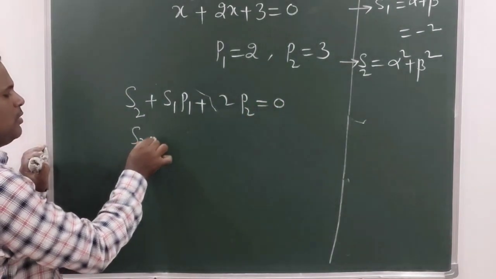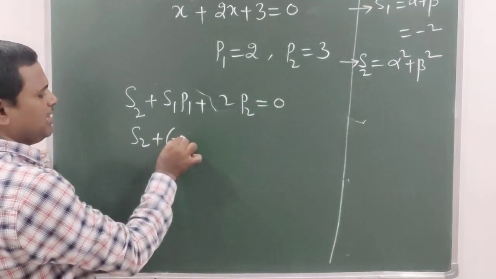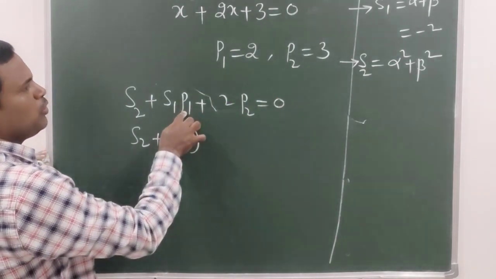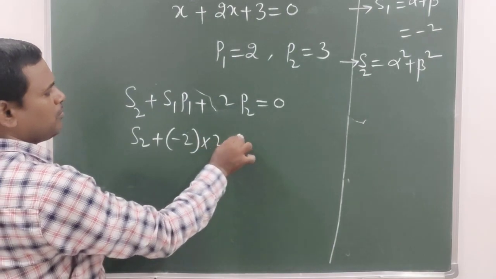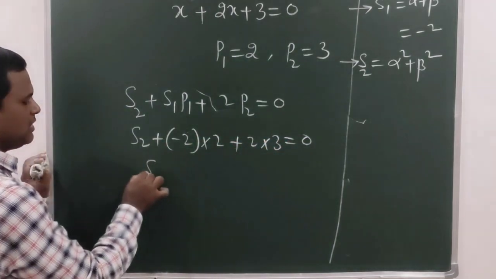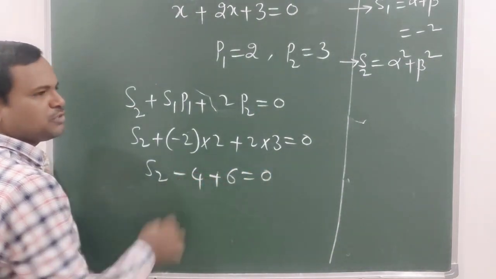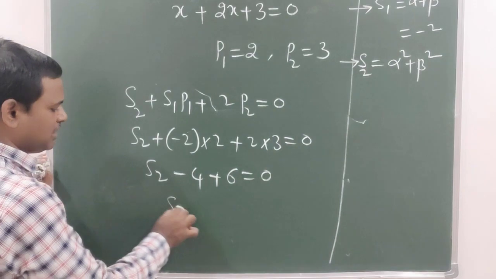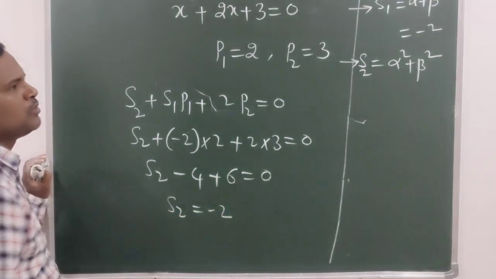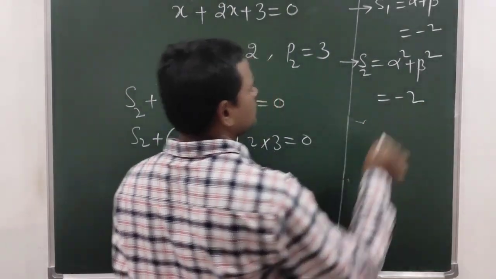Now S1 is minus 2, P1 is 2, and P2 is 3. So write here minus 2 into 2 plus 2 into 3, which is equal to 0. Now simplify this: minus 4 plus 6, 2. When it goes to the right side, we get minus 2. So S2 also we are getting as minus 2.